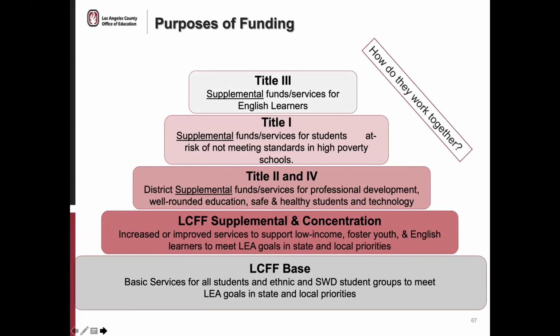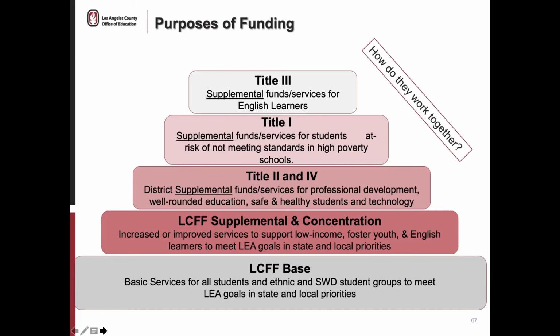So what does that mean for Title I and III? Well, if you have a school plan, school program, and you have a service available, and an English learner would be eligible for that service, say you have math tutoring and you have an English learner who needs math tutoring, then you need to first support that student with Title I. They have access to that.